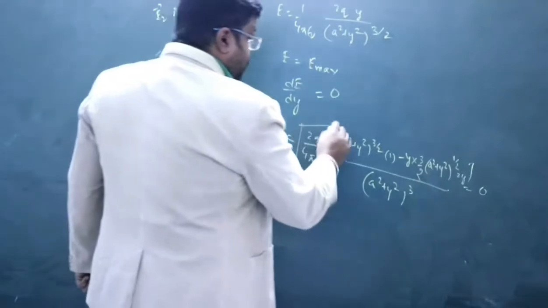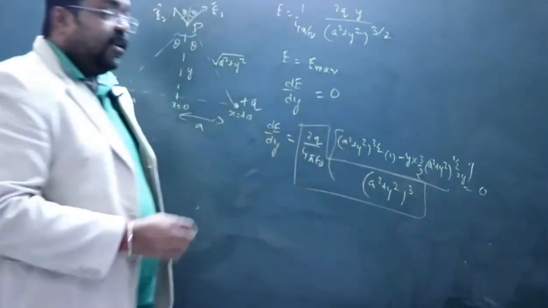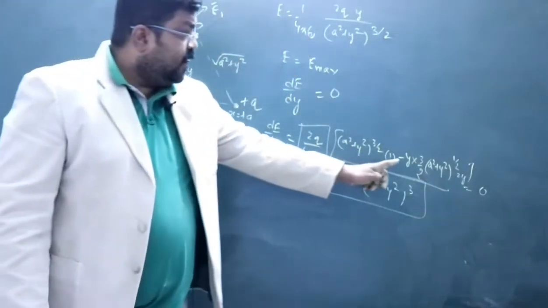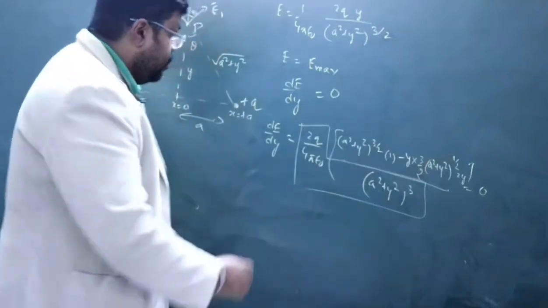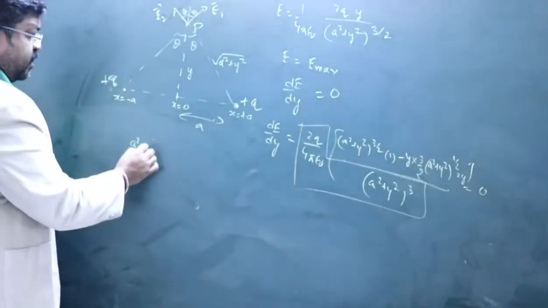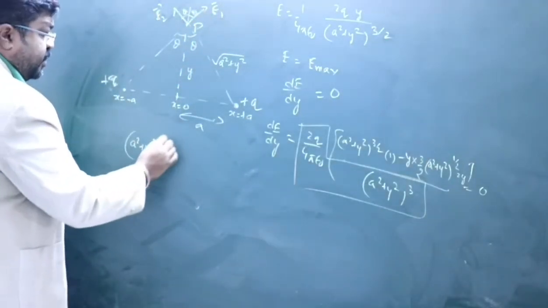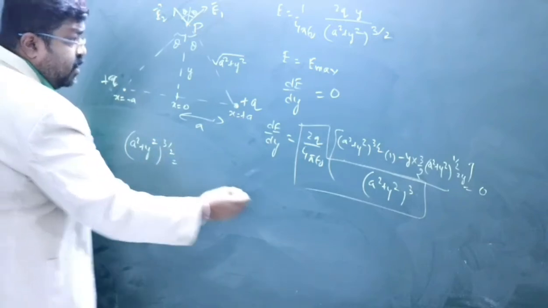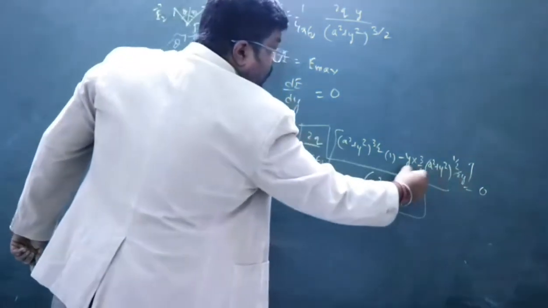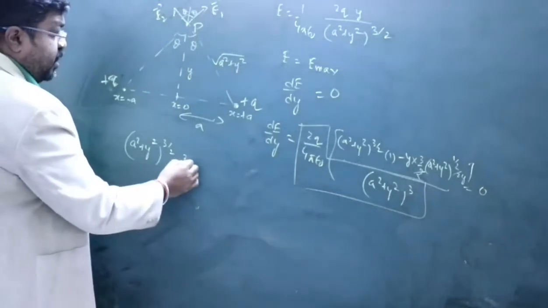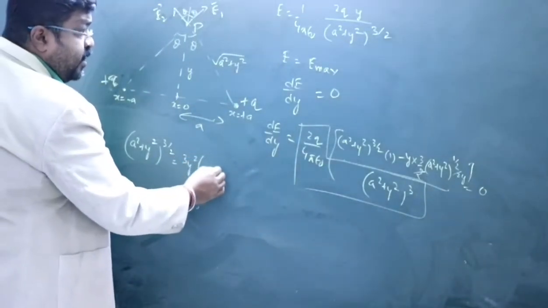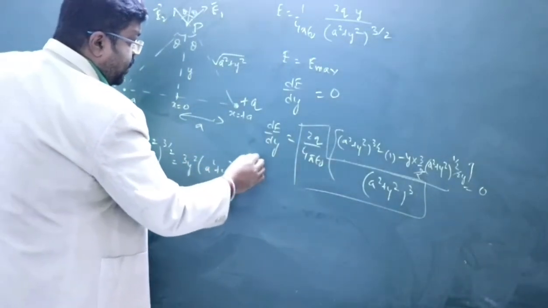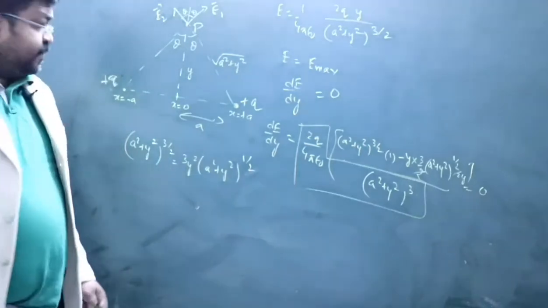Now this term cannot be 0, so if I take this term over that side, this will be a square plus y square to the power 3 by 2 is equal to this, 2 and 2 cancel out. So this is 3y square into a square plus y square to the power 1 by 2.